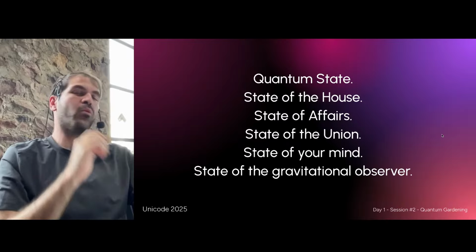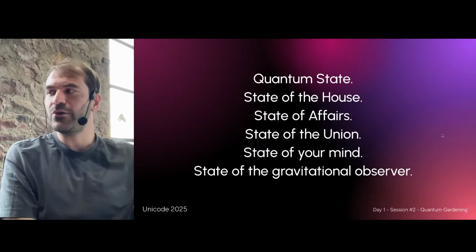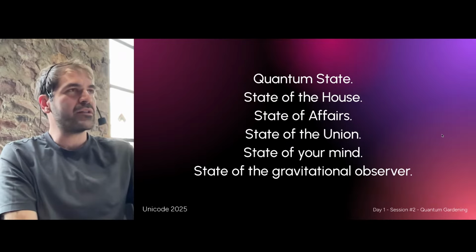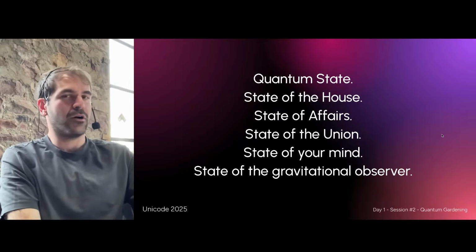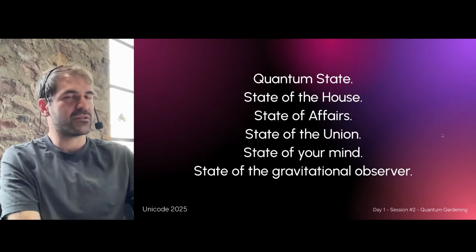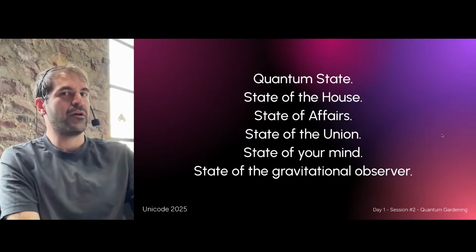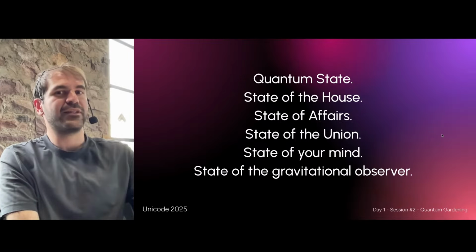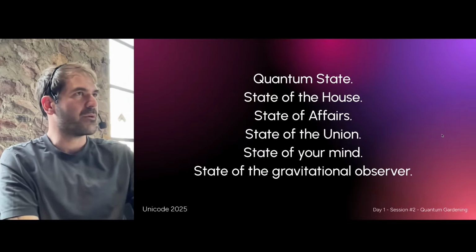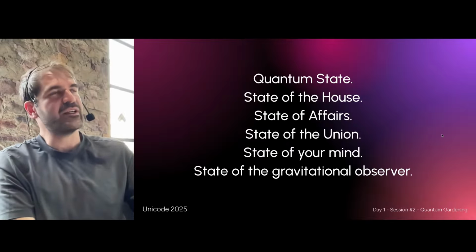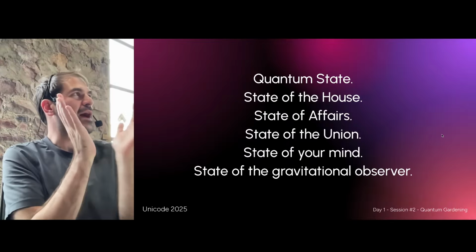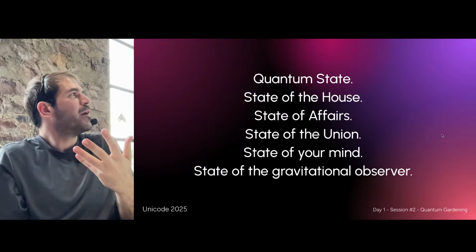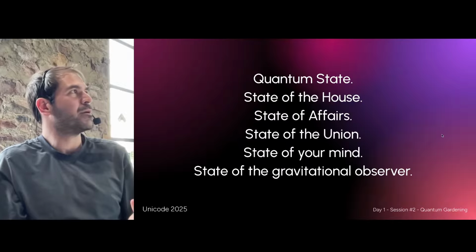Okay, so when you see things, look at this list, right? A quantum state. The state of the house, the state of affairs, the state of the union, the state of your mind, the state of the gravitational observer, right? All those things are saying is that the conscious manifold has a certain array of diodes that are lit up.